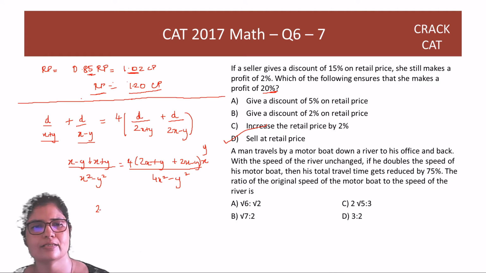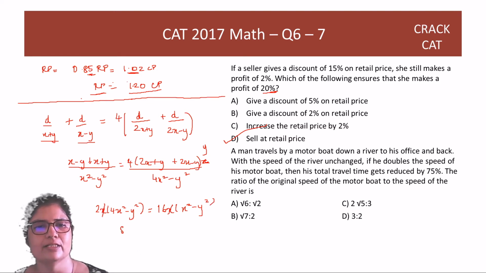So 2x into 4x square minus y square is equal to, so again I'm cross multiplying, and now y again gets cancelled, guys, correct? Y again gets cancelled and you are left with 4x into 4, 16x of x square minus y square. So this x also cancels, and now you have 8x square minus 2y square is equal to 16x square minus 16y square.